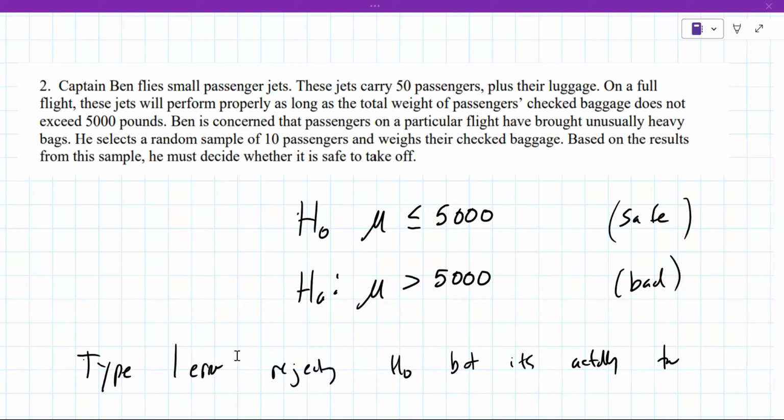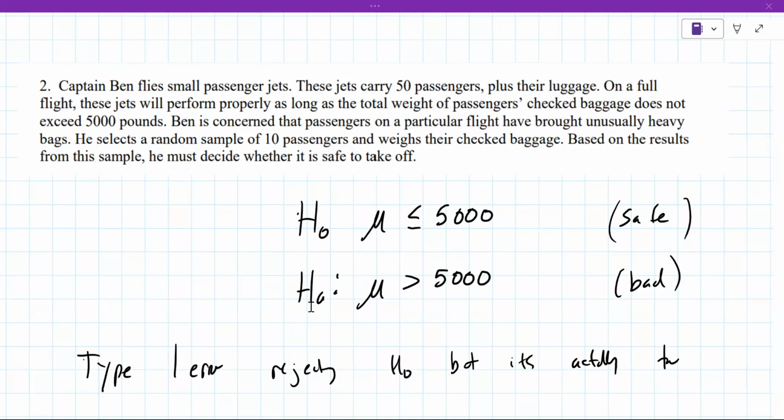So is his action justified? He thinks it's more than 5,000, but it's actually not. So should he be telling passengers to uncheck their bags or consolidate? No, he doesn't have to. And that's the danger.